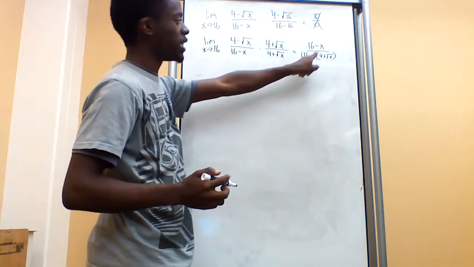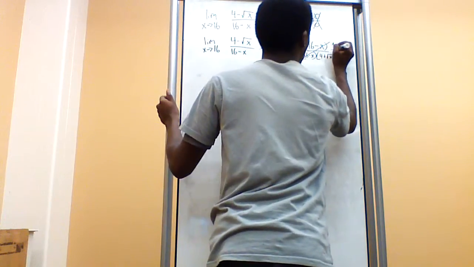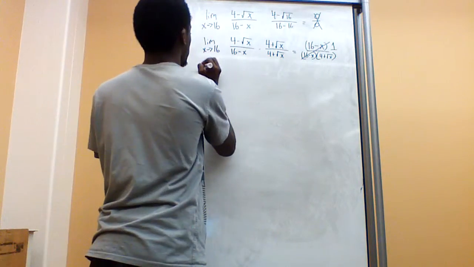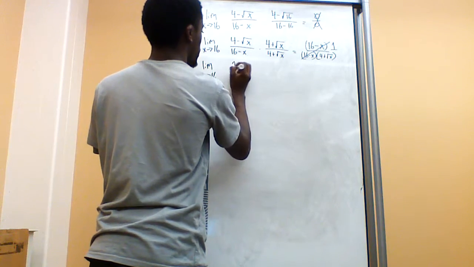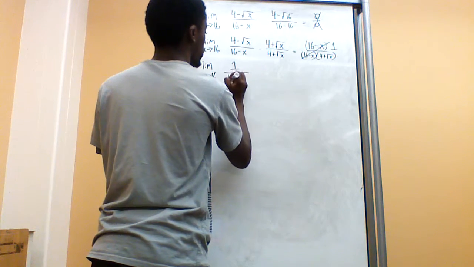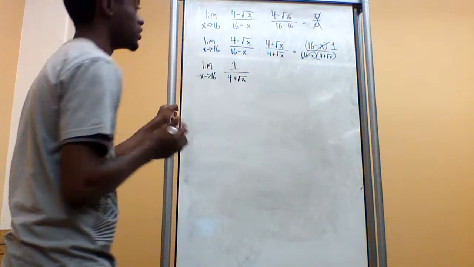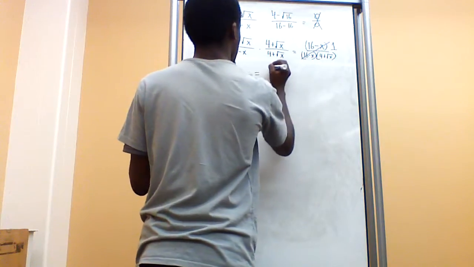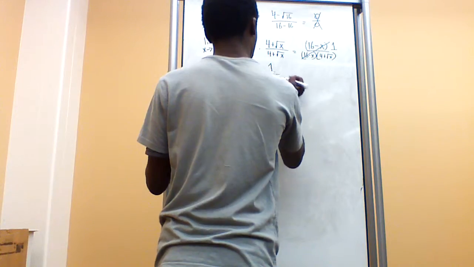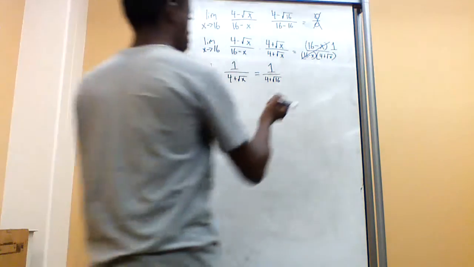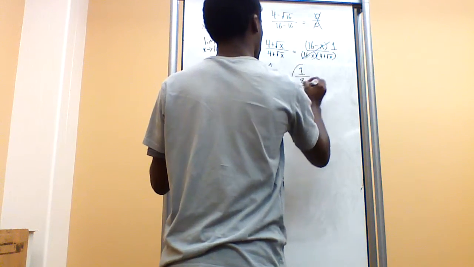The two 16 minus x's cancel out, and you are left with a 1. So the new function is going to look like 1 over 4 plus the square root of x. Now you can go ahead and direct substitute again. And this is going to come out to 1 over 8. And that's your answer.